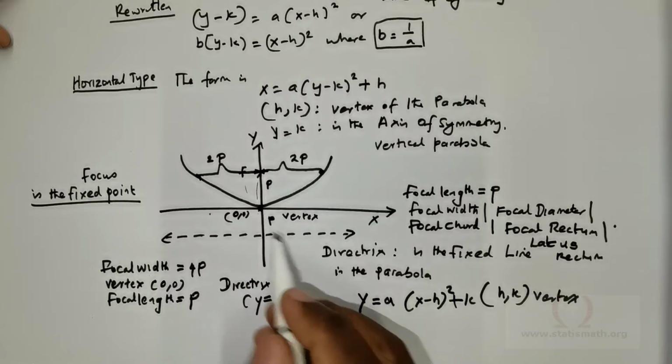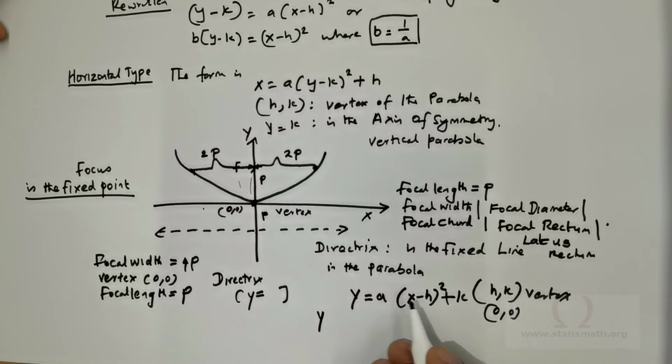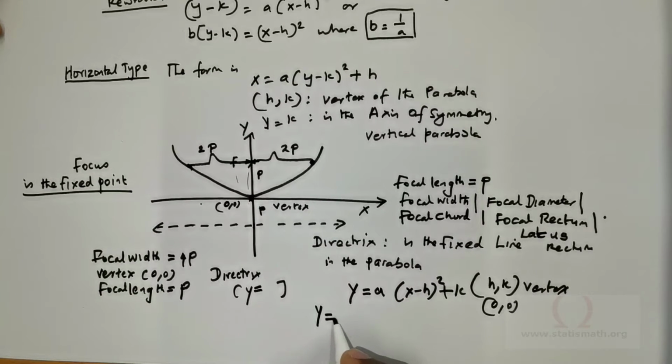And we know the vertex is 0, 0. So the form of the parabola is going to be y is equal to a times, and we know that the values of h and k are 0, 0.